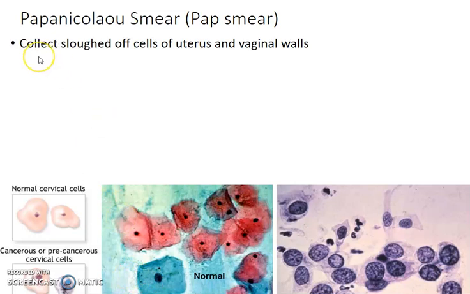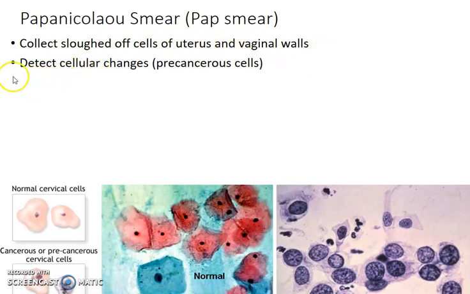So, cells are collected from the uterus and the vaginal walls, and changes are looked for. And there's a whole grading system. It goes from 1 to 6, I believe. Then you have A and B for each level. And they're looking for changes and abnormalities. And the idea is to catch it sooner rather than later. If it's caught early, it can be dealt with very simply.